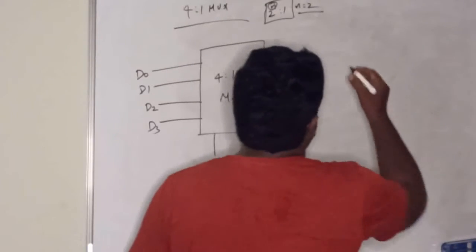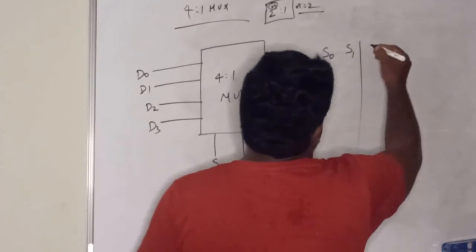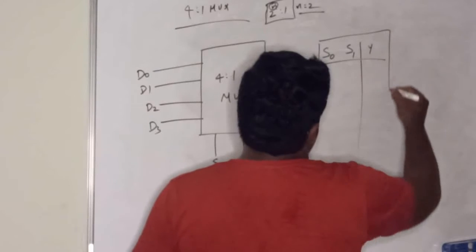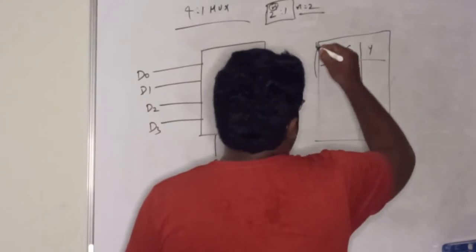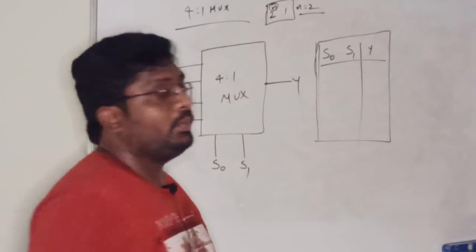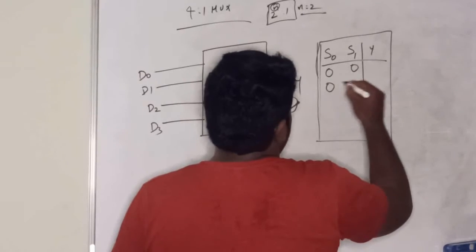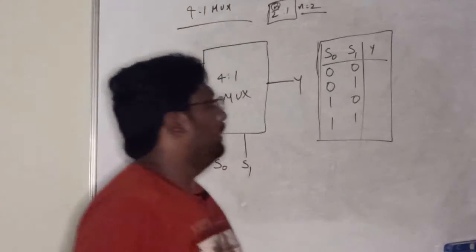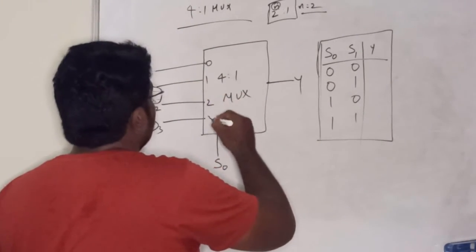Here we have two inputs S0 and S1 and the output Y. When we have two inputs, we have four possibilities: 0 0, 0 1, 1 0 and 1 1, that is 0, 1, 2, 3.